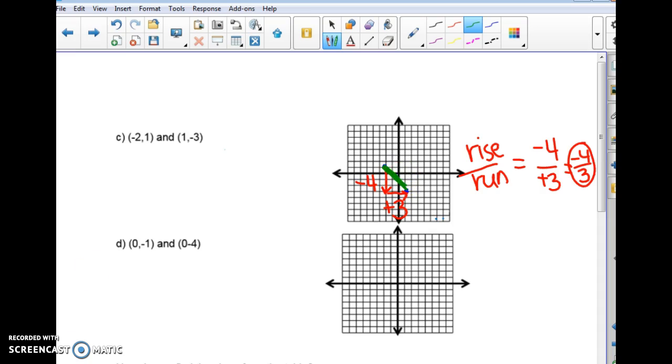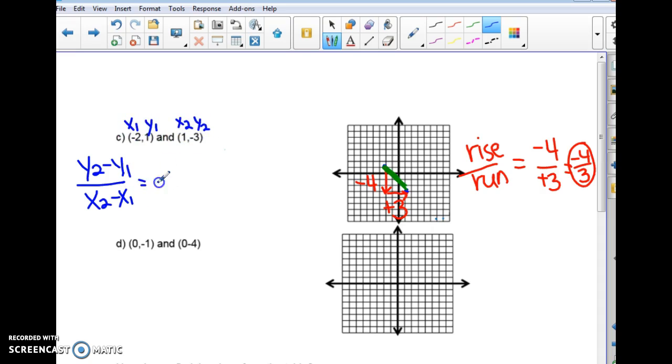Okay, let's just double check our answers using our formula, okay? Because you need to know how to do it just given points. So y2 minus y1, x2 minus x1. I'm going to write it down until we all memorize it. So y1, y2, I like to label these points first. x1, x2.